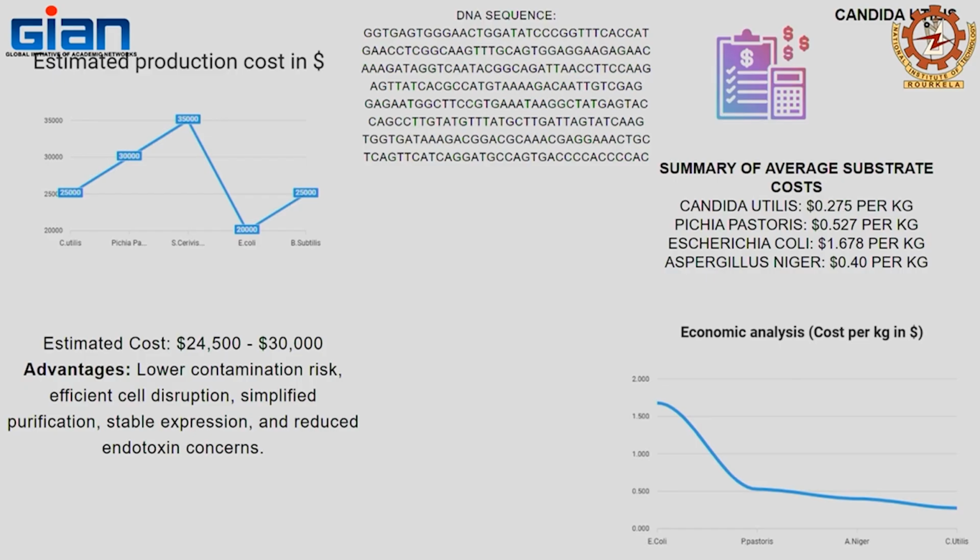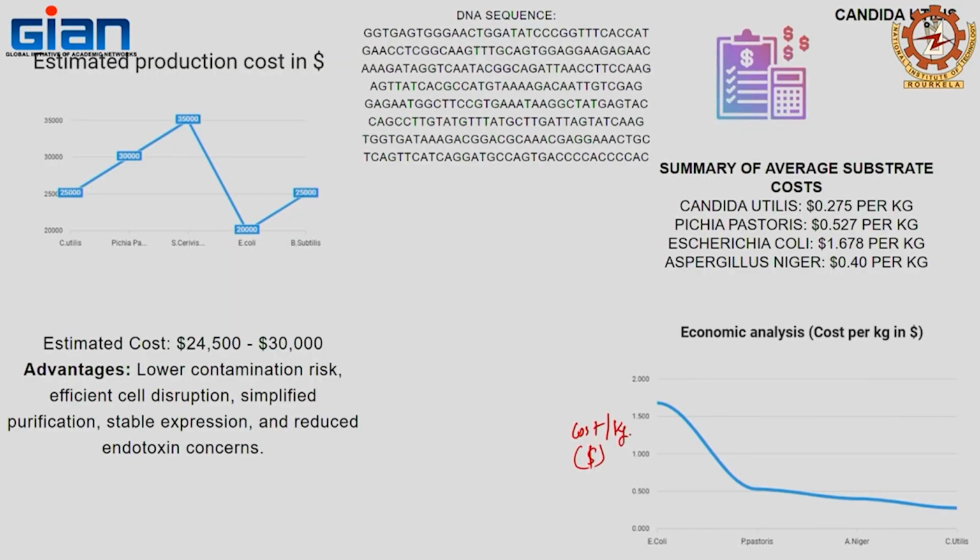And here is the estimated production cost mentioned in dollars. And as I said before, it is of lower contamination. Efficient cell disruption can be done using various methods which we already know, which were discussed multiple times in this session. And it has stable expression of genetic material, which is a major positive, done by integration of the plasmids, which has made its structure even more stable.